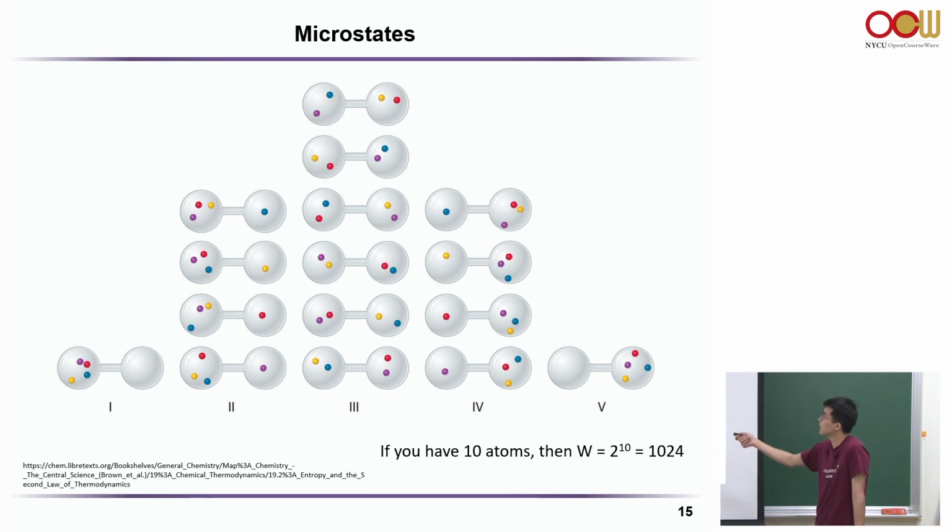Microstates talk about each quantized energy state, but if you think about 10 atoms, then you have over 1,000 ways to arrange 10 atoms. And we know we usually talk about moles of stuff, right? So that is 10 to the 23 atoms per mole. So you have a very, very huge possibility, so many, many microstates.